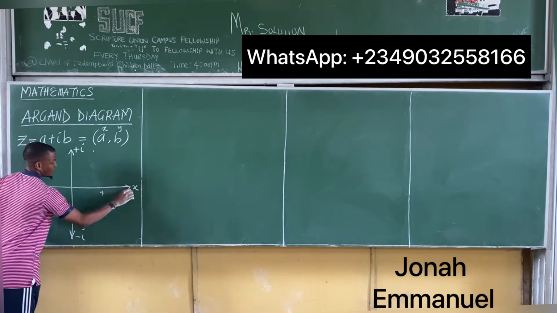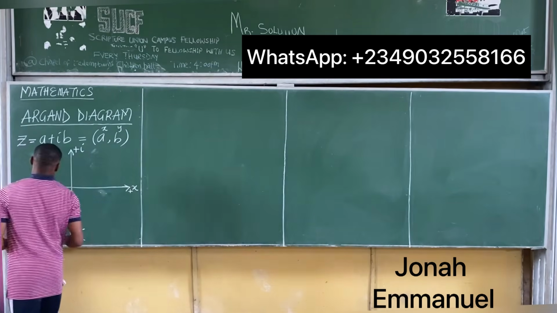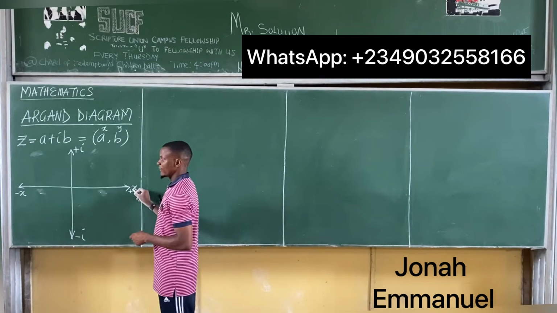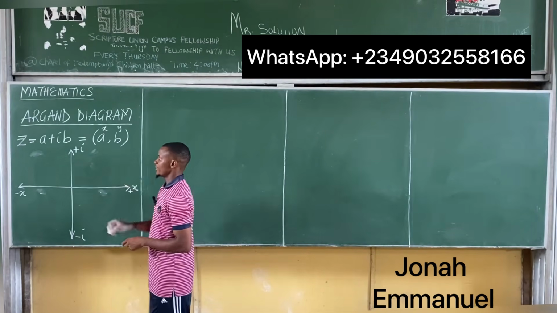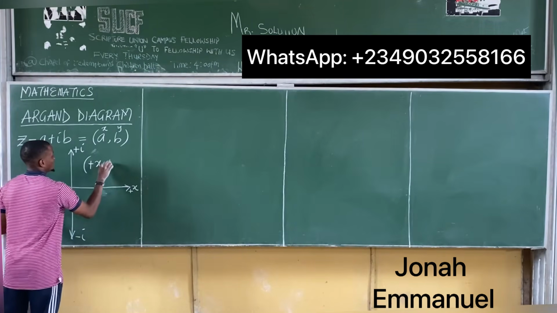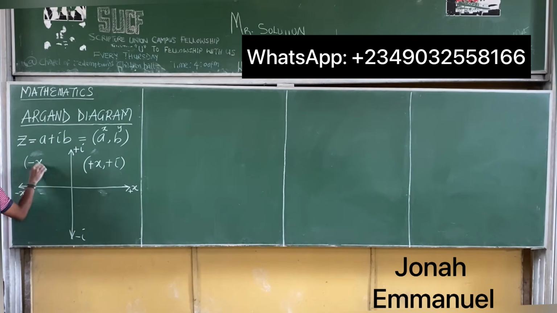Of course, here's a positive x-axis, and here is negative x-axis. So if I have a complex number that is positive for x and positive for i, it will be in this region. This is the region of positive x and positive i value complex number. This region here is for a negative x value and a positive i value.